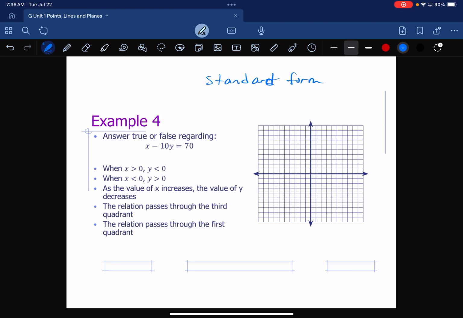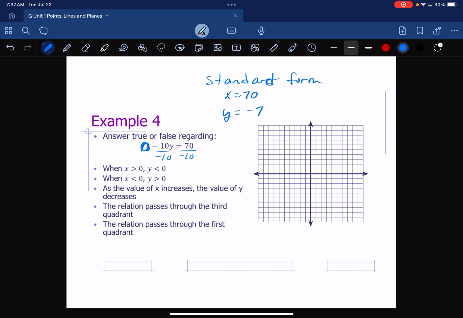So I'm going to put 0 in for y, and x minus 0 just means x is 70. So x is 70. And then for y, I'm going to put 0 in for x, and I'm going to take 70 and divide by negative 10. And I get negative 7.